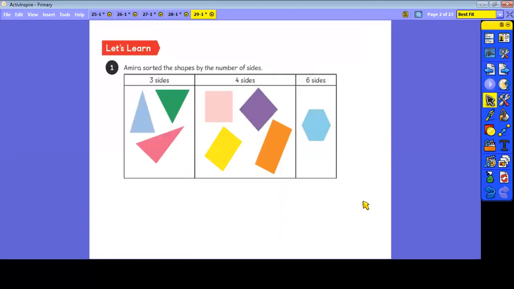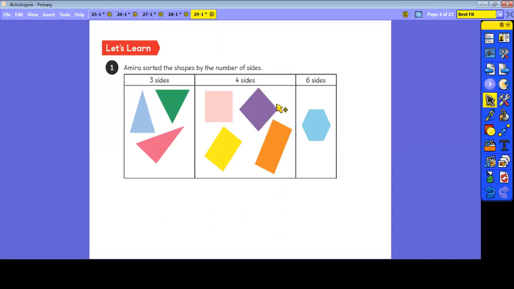Firstly, Amira sorted them into 3 groups according to the number of sides that they had. So here she's put all the 3-sided shapes, which are all triangles, into this box. All the 4-sided shapes, which can be called quadrilaterals.